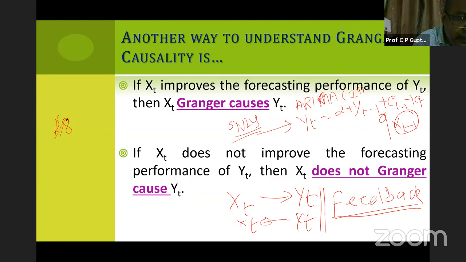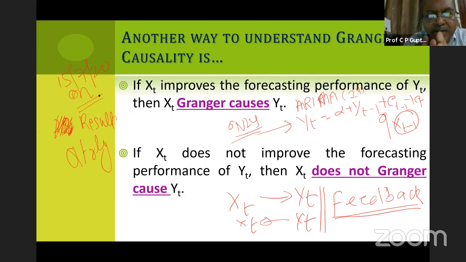Let me take a company that announces its quarterly result on, say, 15th July 2020.